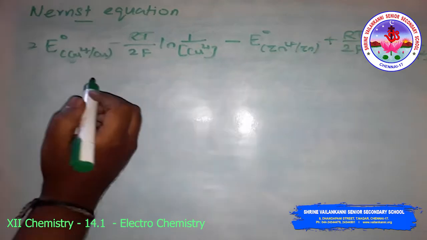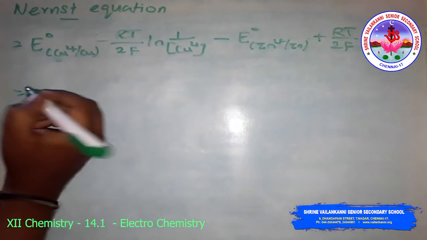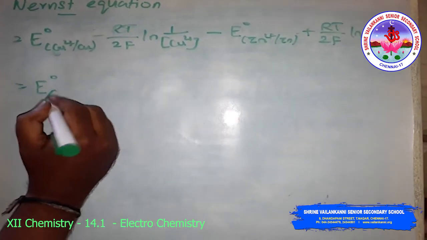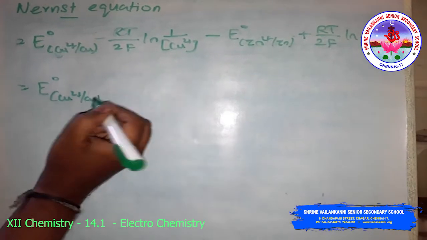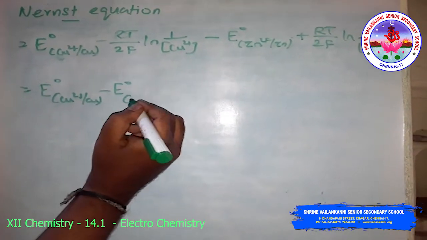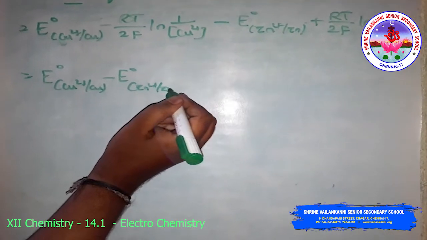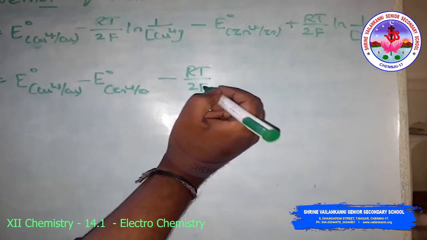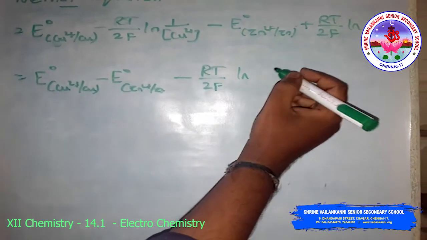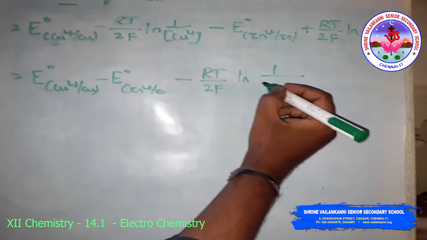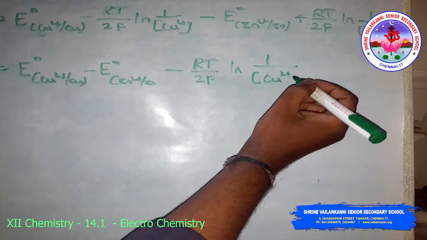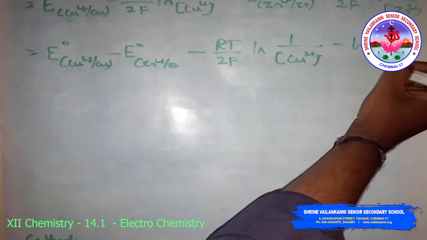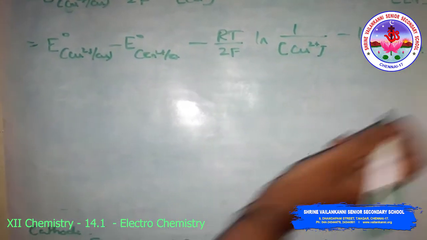On simplifying, you will get E naught for Cu2+/Cu minus E naught Zn2+/Zn, again minus RT divided by 2F into ln of the full bracket, that is ln of 1 divided by [Cu2+] minus ln of 1 divided by [Zn2+].